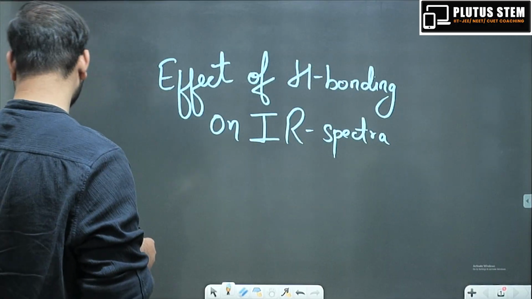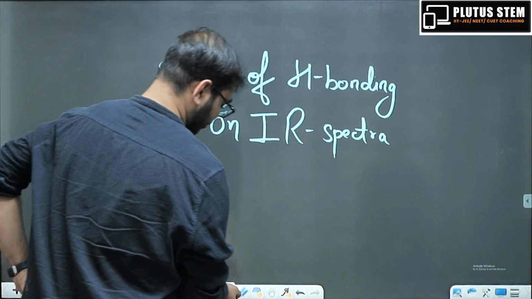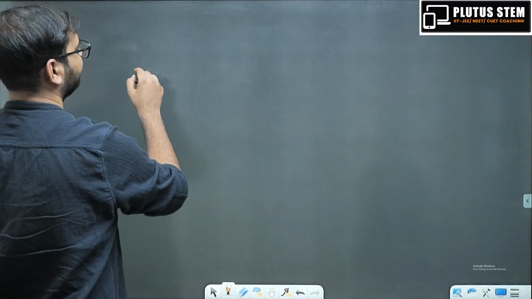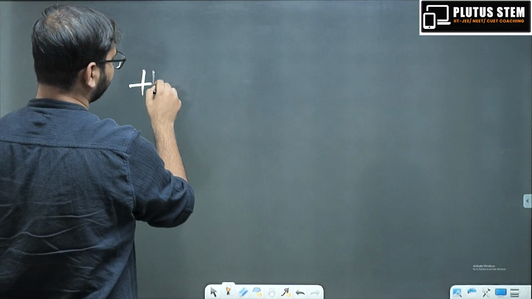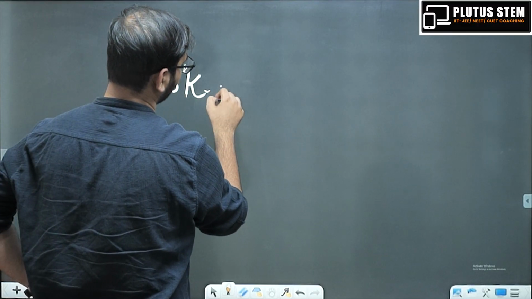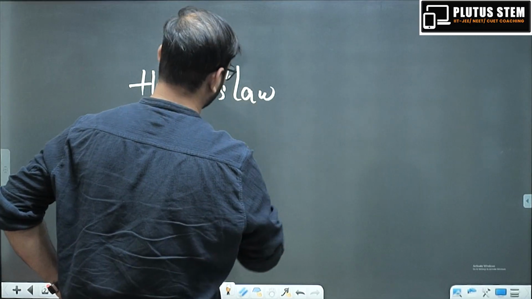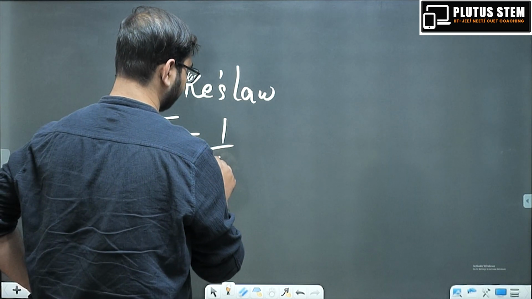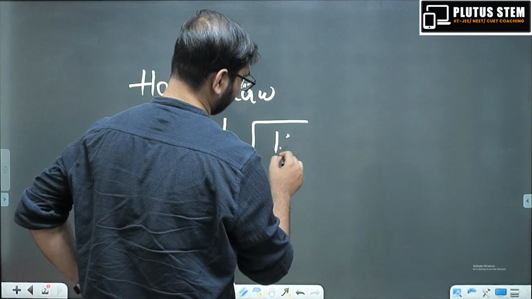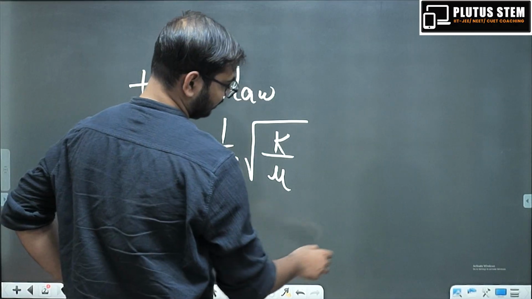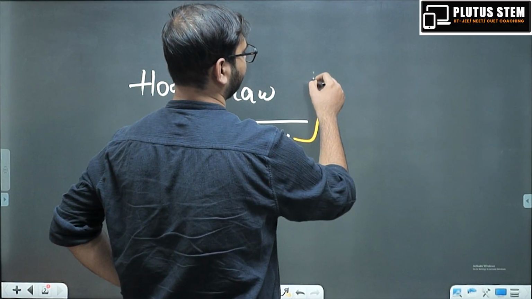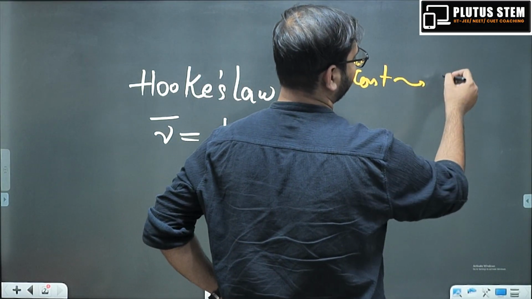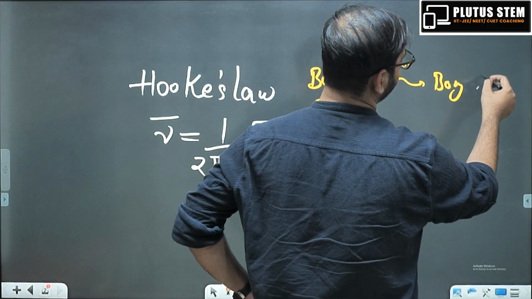For the first part, we need to be very cautious and explain how this entire shift occurs. First, the entire IR spectrum is based on Hooke's law, which states that the wave number of a species is given by 1 by 2 pi c under root k by mu, where k is referred to as your bond constant, and it is a direct measure of bond strength.